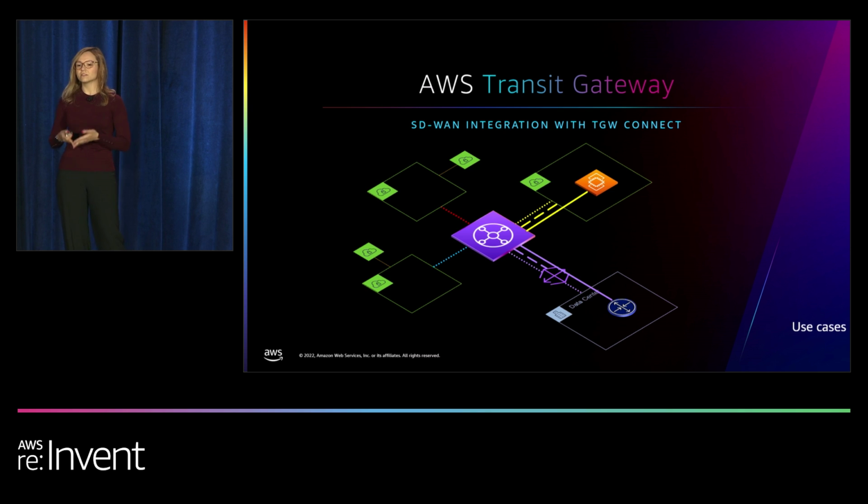The Connect peers are the BGP sessions with the appliances that you have either in a VPC or on your on-prem. They are the GRE tunnels that you can create up to 4 on each Connect attachment. And they allow you to dynamically route and advertise routes on the SD-WAN infrastructure.